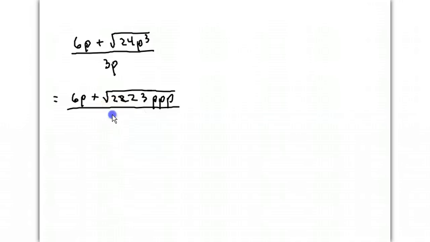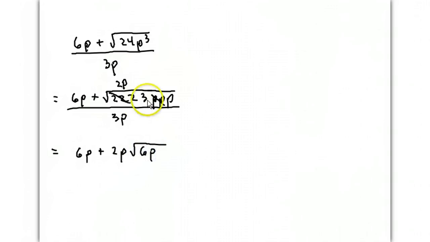And that's all divided by 3p. This is broken up. So in the square root, these two 2's will come out as a 2, and two p's will come out as a p, and that goes in the front. So what you're going to have is 6p plus 2p square root of 6p, because you got 2 times 3 times p left, and that's divided by 3p.